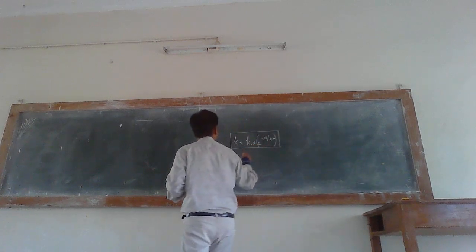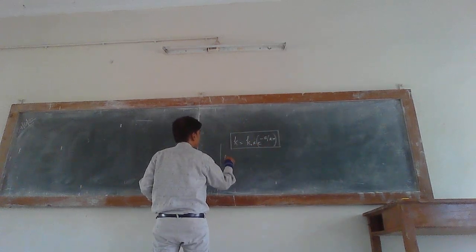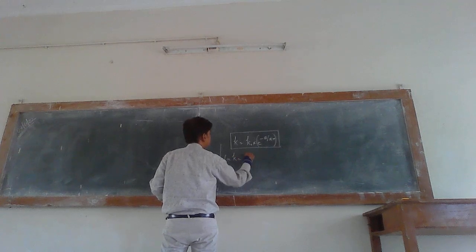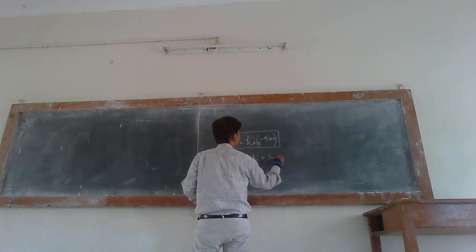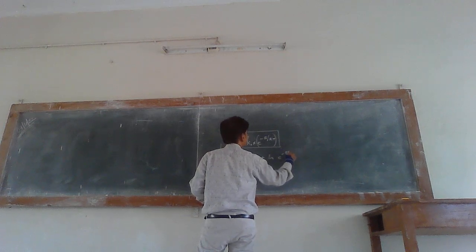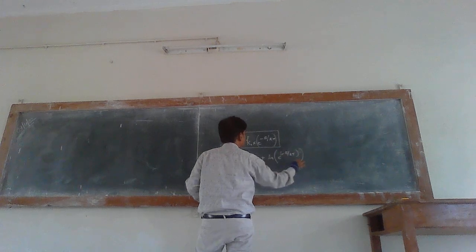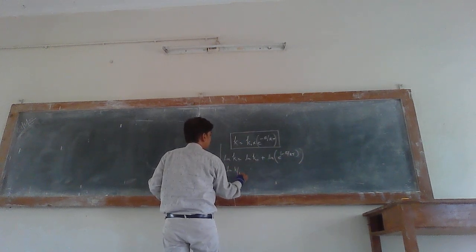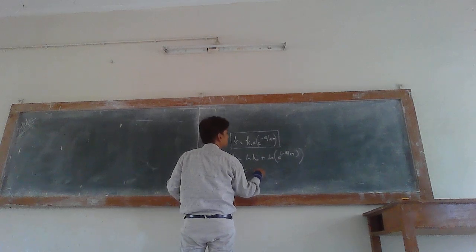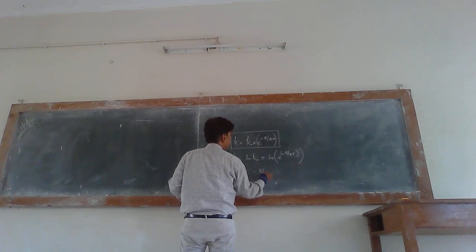Now in this expression, if I take ln on both sides, ln K is equal to ln K0 plus ln of e power minus E by RT. So ln K by K0 is equal to minus E by RT.